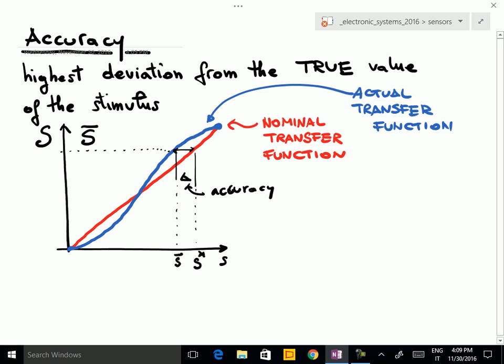So this delta is the maximum difference between the measured value S star and the true value, and therefore is the accuracy. Of course, since the calibration is never perfect, you still have a non-zero accuracy also after calibration. Typically you have a much smaller accuracy value after calibration than before, but still you have some.